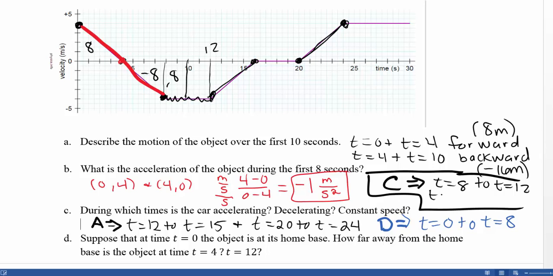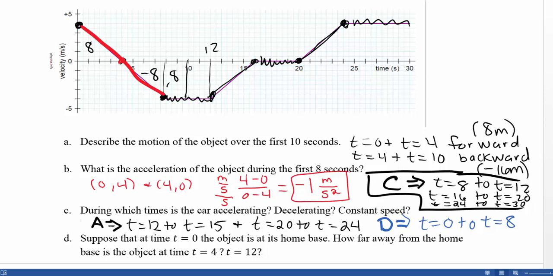Again, from time equals 16 to time equals 20, we end up with this constant velocity. And then finally, from time equals 24 to time equals 30. So there were 3 places where our acceleration is going to be constant because our speed is steady.